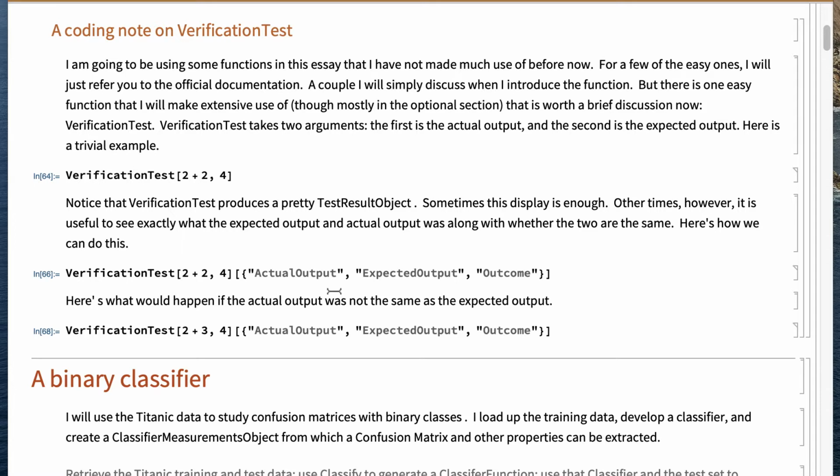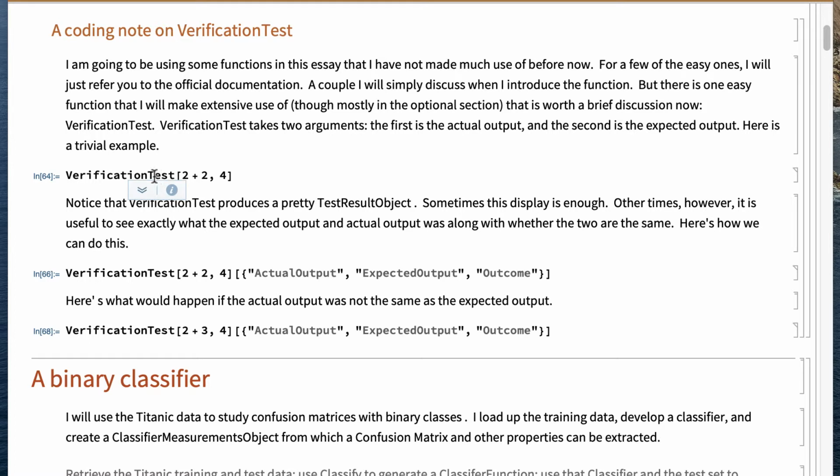Some of them are sufficiently easy that I really feel comfortable just referring you to the official documentation, and you'll likely be able to intuit how it works without even having to go to it. There are a couple that I'm going to show you as I work my way through the notebook, and there's one that I want to show you now. I use it extensively in that optional section, but I do use it in the main section, and it's not hard. Let's take a look at it.